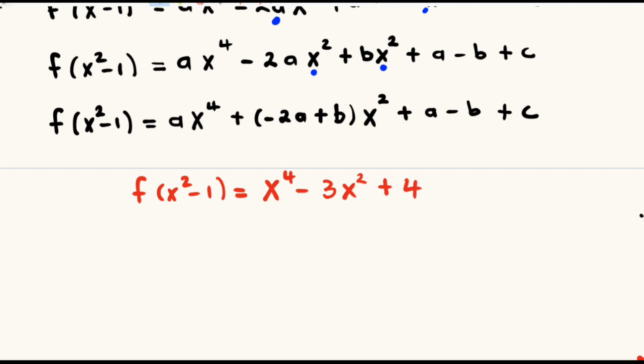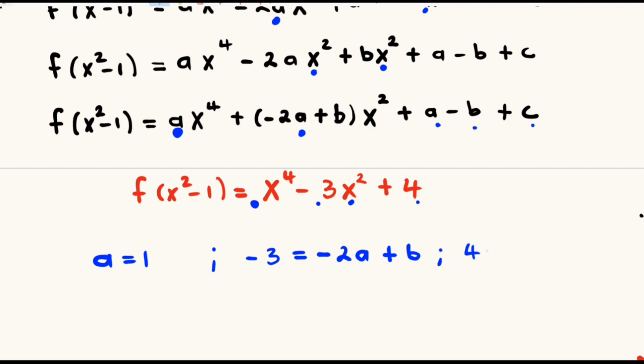We match the two equations in black and red, so the coefficient of the x to the power 4 is 1, so our a will be equal to 1, and the coefficient of the x squared is negative 3, so our negative 3 will be equal to negative 2a plus b, and a minus b plus c will be equal to the constant 4.